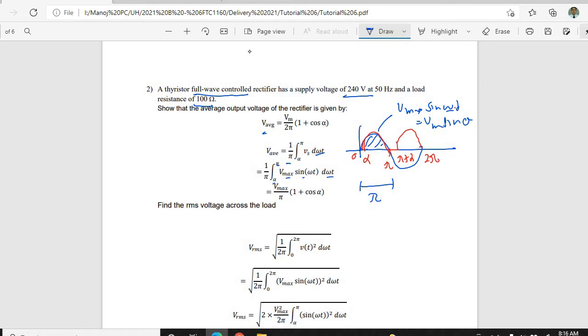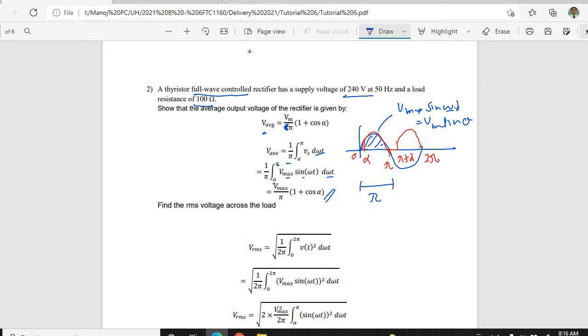If you substitute sine ωt, you will get for the integration minus cos ωt, and substitute π and α, so you will get 1 + cos α. Here this should not be 2.